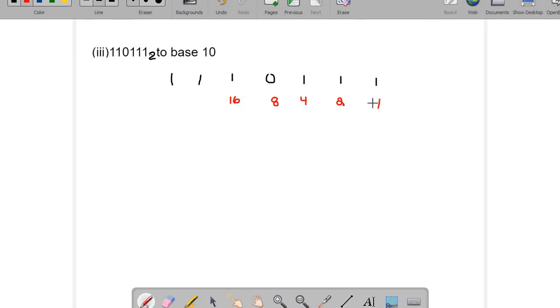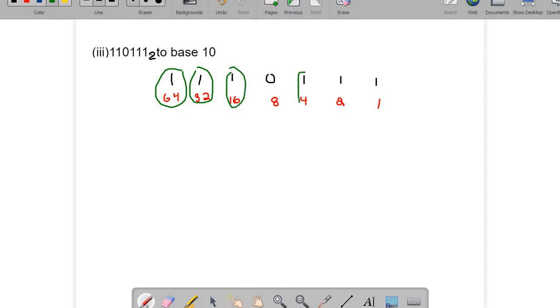What you're going to do is just write a power for each digit in the number. We have 2 more digits to write the powers for. So it's 32 and 64. Just like when we're converting from base 5 to base 10, we're going to multiply each digit by its corresponding value.